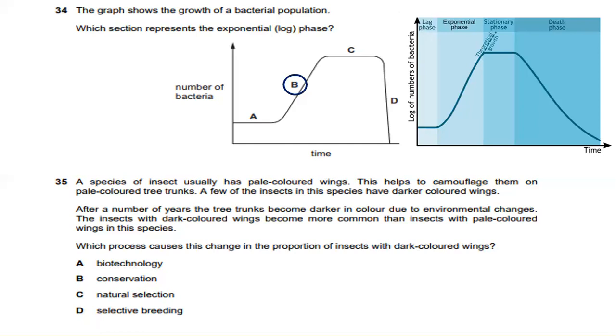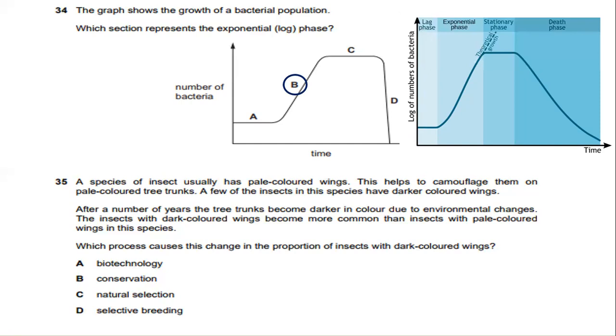A species of insect usually has pale colored wings. This helps to camouflage them on a pale colored tree trunk. A few of the insects in this species have darker colored wings. After a number of years, the tree trunk becomes darker in color due to environmental changes. The insects with dark colored wings become more common than insects with pale colored wings in this species.